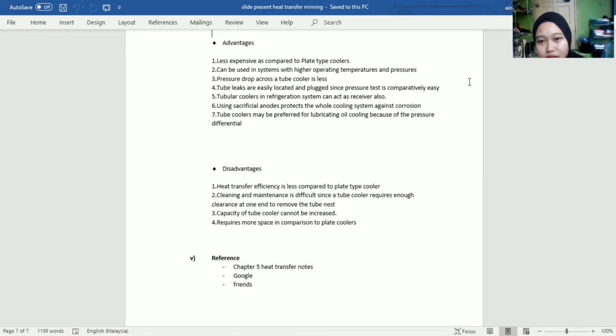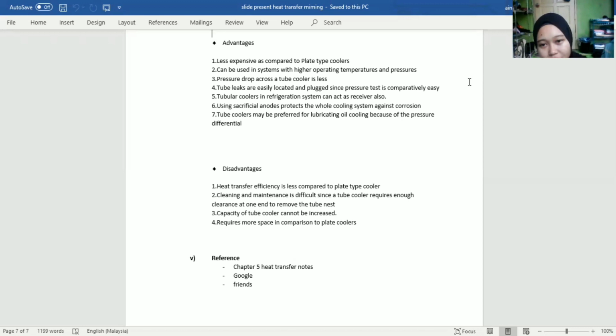Number five, a tube cooler in a refrigeration system can be used as a reversed also. Number six, using sacrificial anodes protects the water cooling system against corrosion. Number seven, tube cooler may be preferred for lubricating oil cooling because of the pressure differential.